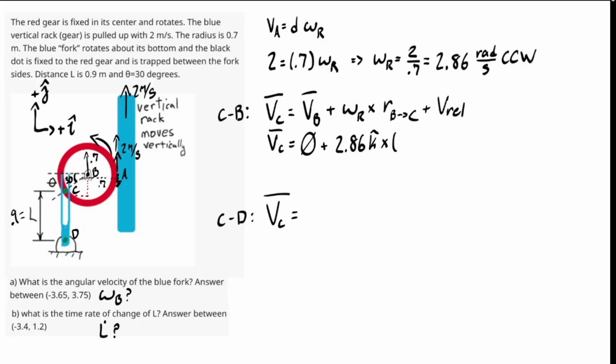So we have this angle that's 30. Since this angle is 30, we know that this vertical distance is the sine of 30, so I'm going to put that there. And then this part is the cosine. And the distance they are from each other, or that magnitude, is 0.7. So in the i component, since we're going left, it's going to be a negative i. So this is going to be negative 0.7 times the cosine of 30.